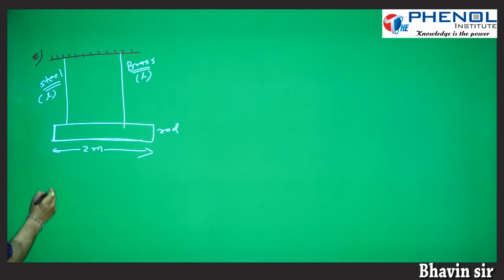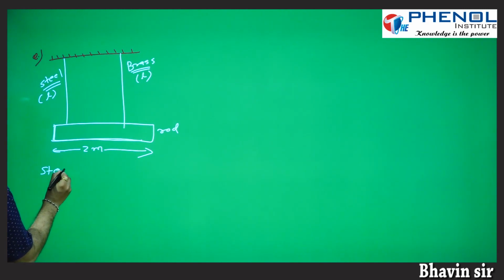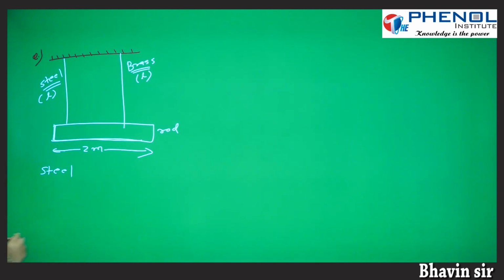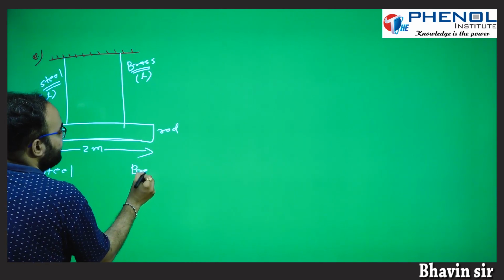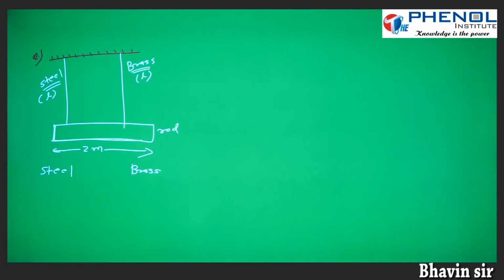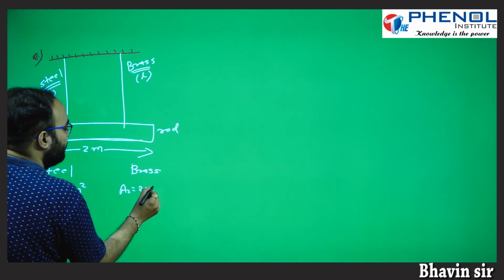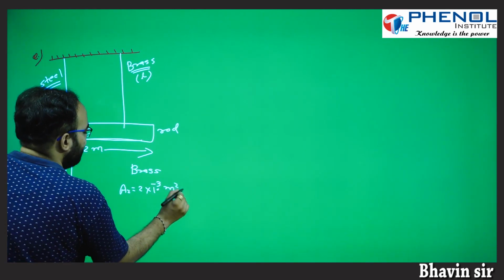Now see what is given here. Steel, and here we write brass. For the steel wire, the area is 10 raised to minus 3 meter squared, and for the brass wire, 2 into 10 raised to minus 3.